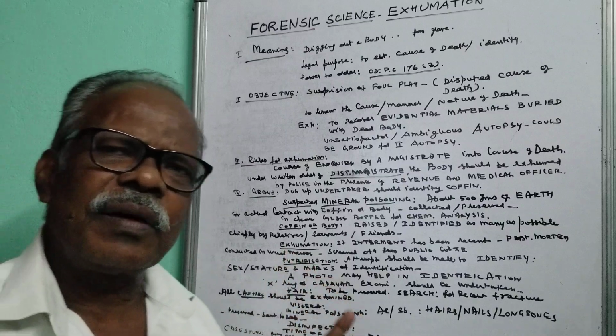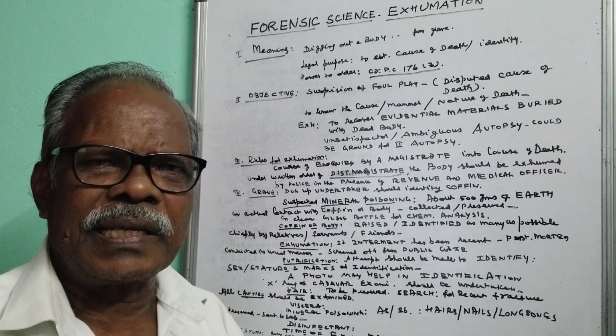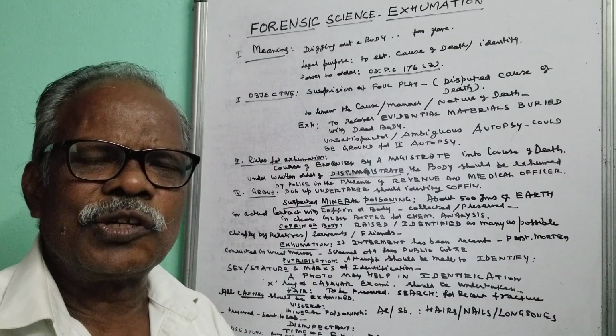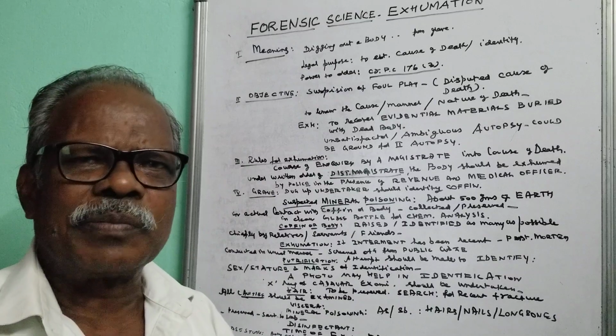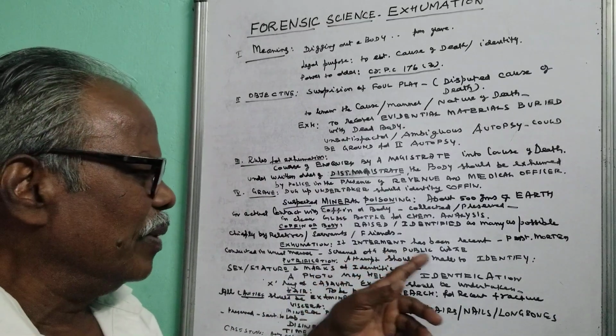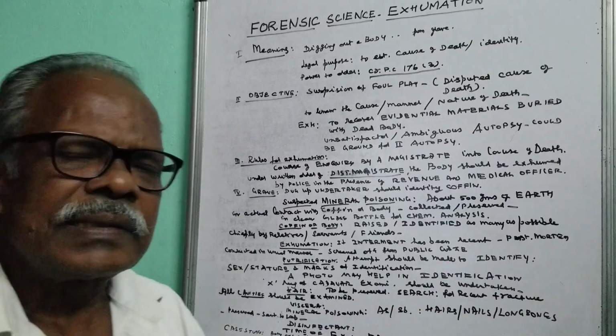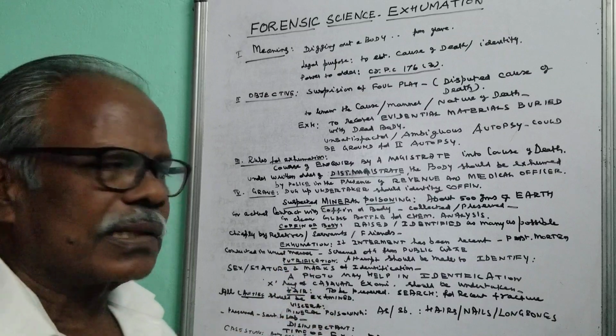Then if the body is putrefied, out of proportion, due to maggot activity and bacterial activity, it is a decomposed body. Then an attempt should be made to identify sex, stature, and marks of identification.